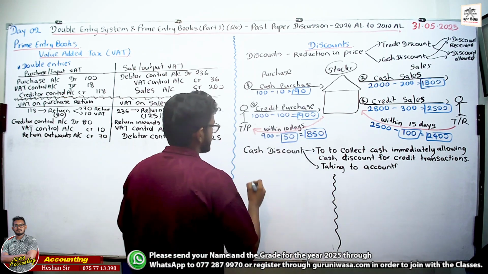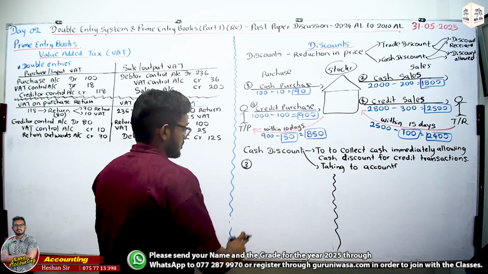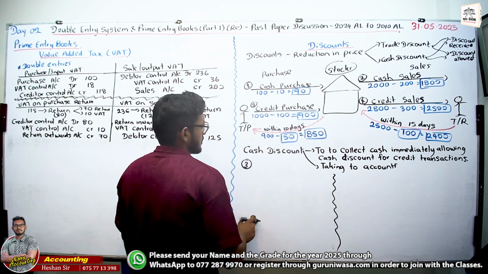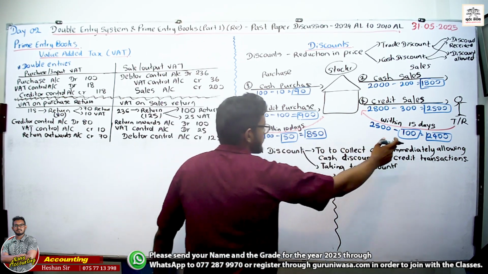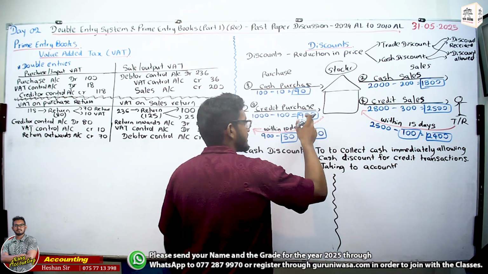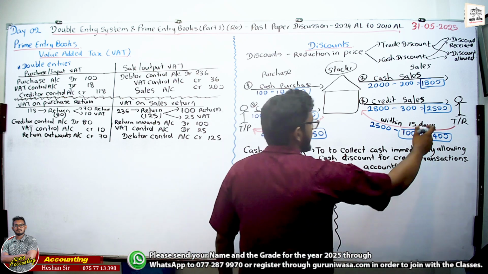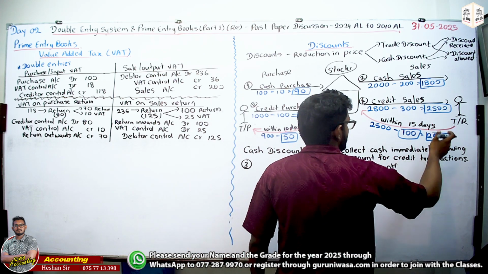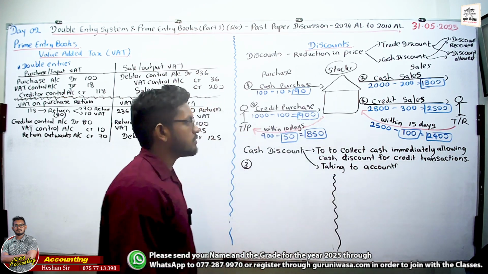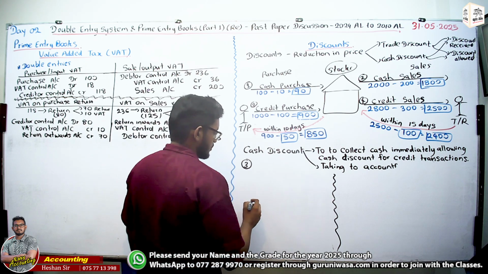If I take the third one, you can see this 50 and 100 I want to take to accounts, because initially I recorded as 900 in here. Now I need to record 850. Initially I recorded 2500 in here, but now I'm going to reduce the price up to 2400. Then I'll do the accounts.